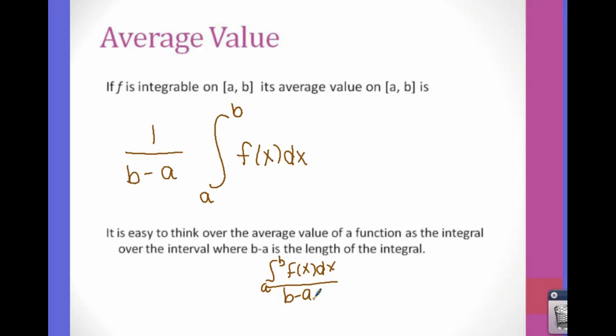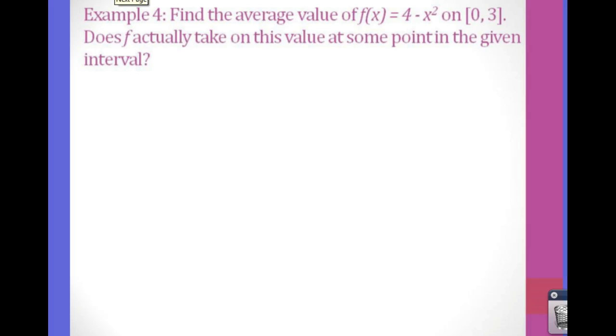So let's actually find the average value of a function. Say f of x is equal to 4 minus x squared on the closed interval 0 to 3. And then we want to know, does f actually take on this value at some point in the given interval? What would the function 4 minus x squared look like?